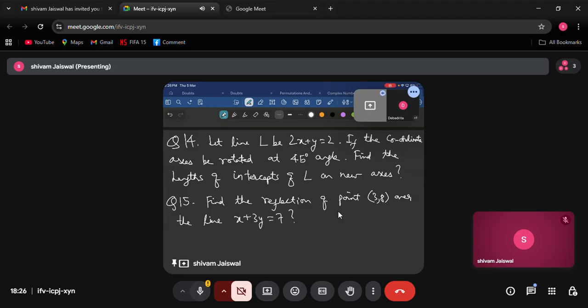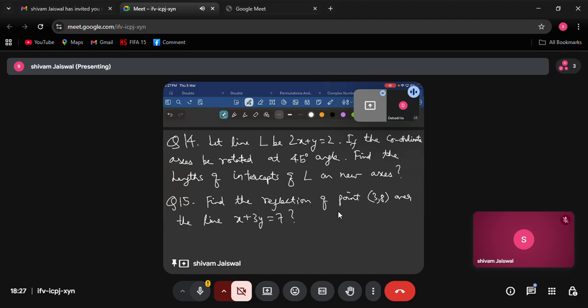It doesn't matter, length or time. They are asking us the length. There is the distance from the origin. There is the length of the intercept. Wait a minute. Let the coordinate axis be rotated at a 45-degree angle.